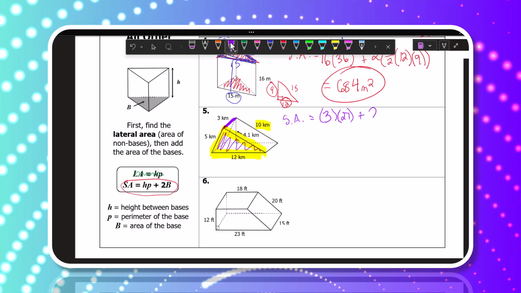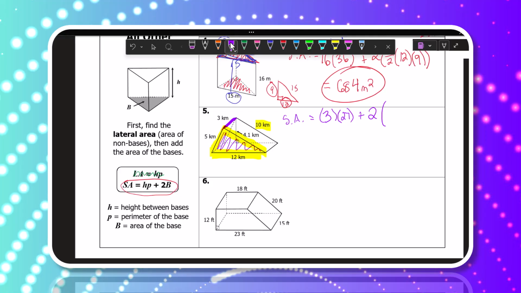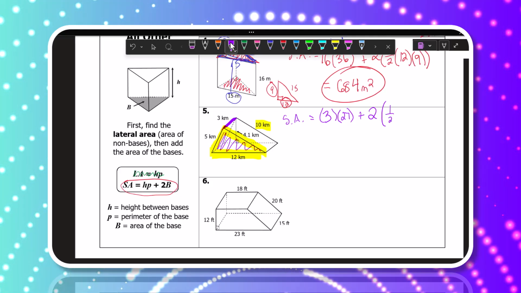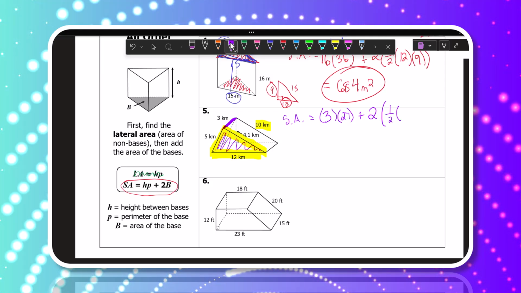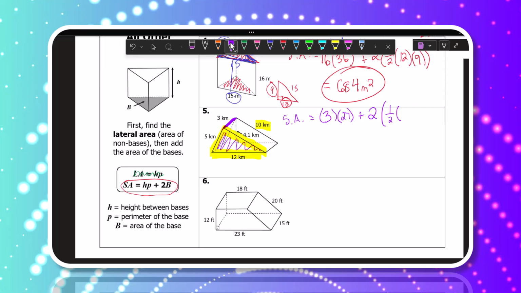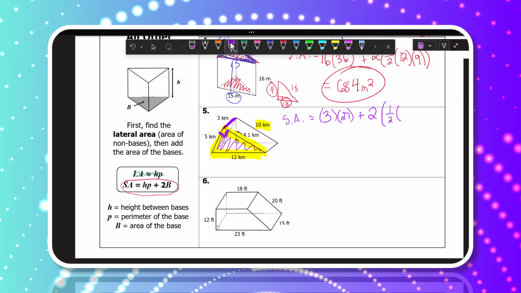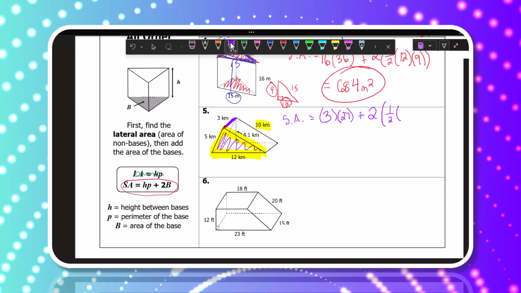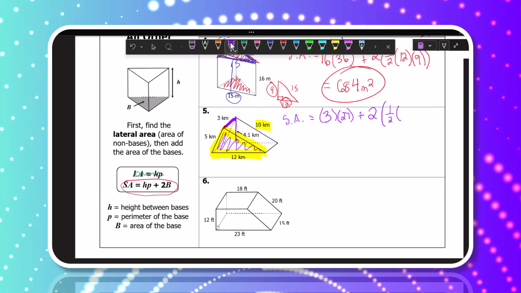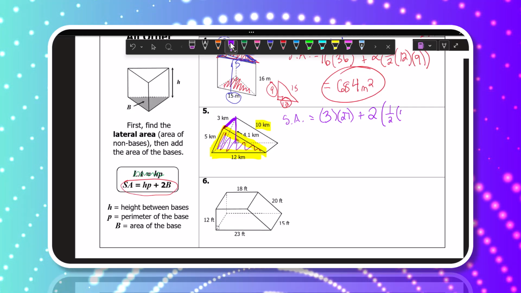And plus 2 times our base area, which again is a triangle. So it's 1/2. The base, remember that's where they make the right angle. It doesn't say that the right angle is here. Because in fact, it is not. It is going down here. So the height is actually 4.1.